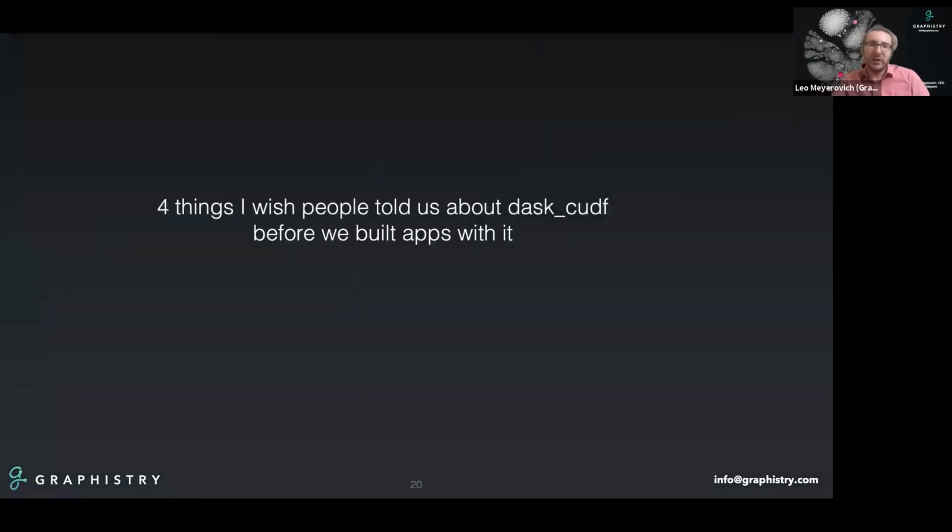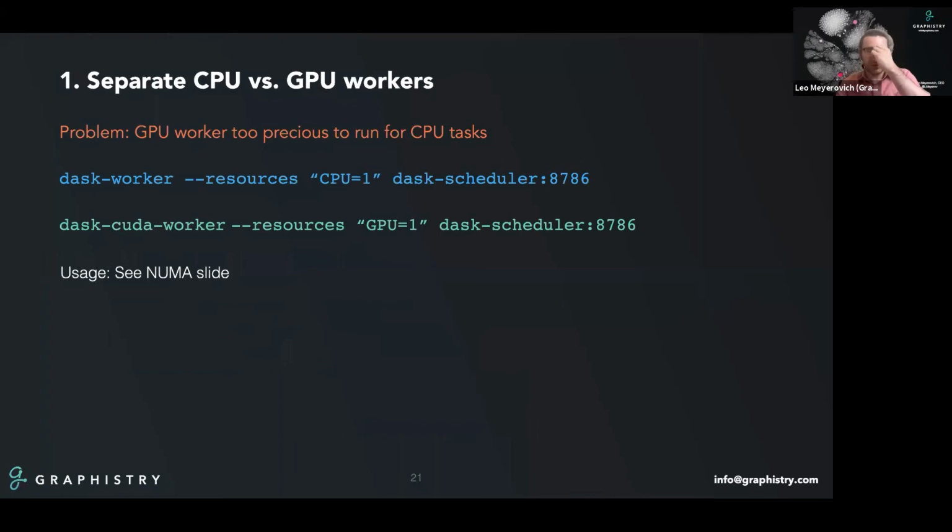So that's all really about the CPU side. Let's say we want to write GPU software, not CPU software. The first thing to know about Dask is that you're pretty much going to want to run separate workers for your CPU versus your GPU workers.